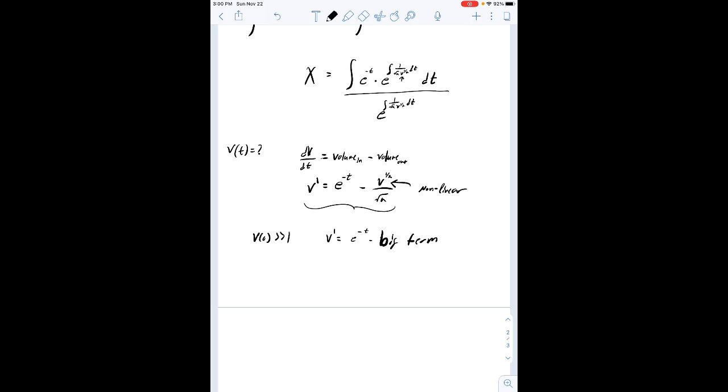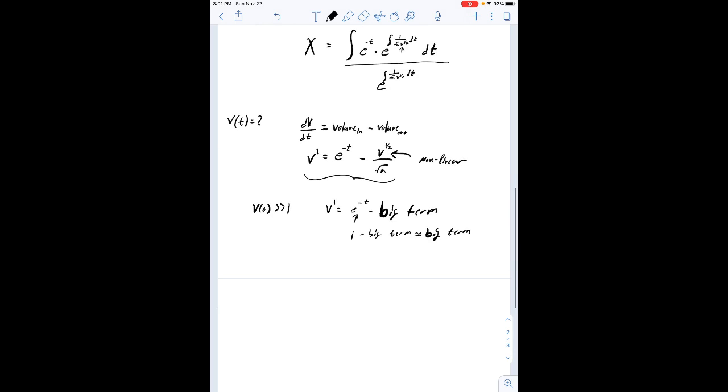Now, since I'm starting at 0, this is at most 1, and it's minus a big term. So we'll just say that this is approximately just equal to my big term. So then our differential equation turns into v prime equals minus v to the 1/2 all over root a.